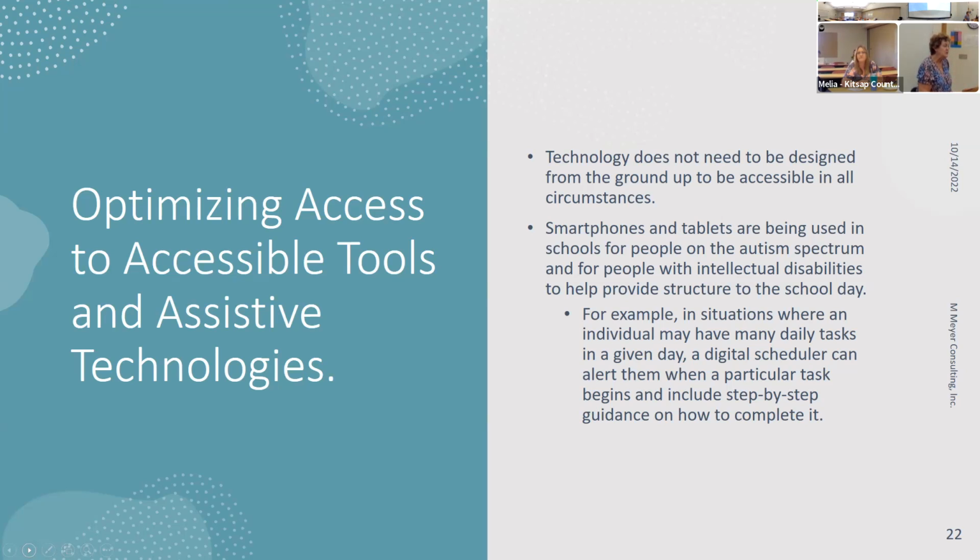Smartphones and tablets are being used in schools for students with autism and for people with intellectual disabilities to help provide structure for their school day. For example, in a situation where an individual may have many tasks in a given day, a digital schedule can alert them when a particular task begins, and include step-by-step guidance on how to complete it.